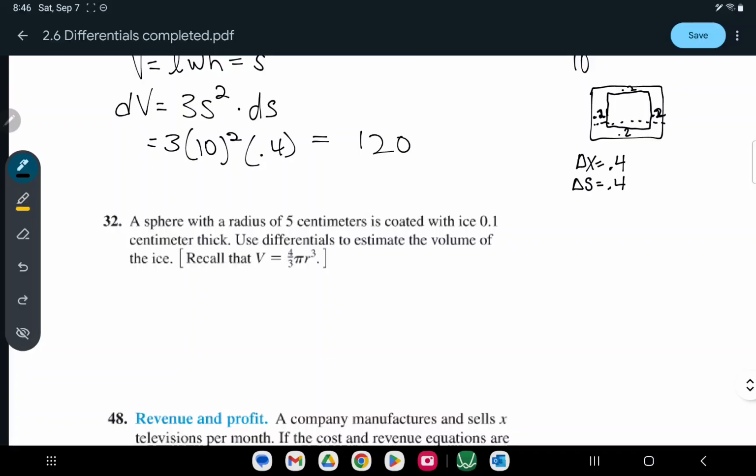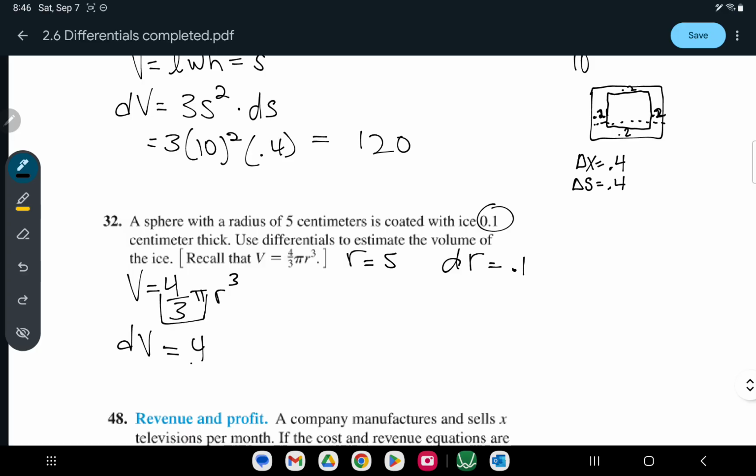Let's look at a sphere. A sphere with a radius of 5 centimeters is coated with ice, 0.1 centimeters thick. Use differentials to estimate the volume. So okay, we have our volume formula. Volume is 4/3 pi r cubed. We know our radius is 5. I just need my change. My change is 0.1. So I'm going to find the derivative, dV. 4/3 pi is like a coefficient, so I can bring that out, and then I can do the derivative of just the r cubed, which is 3r squared.